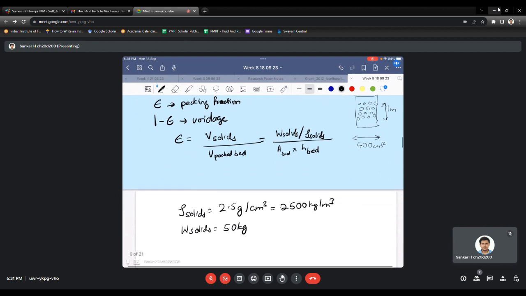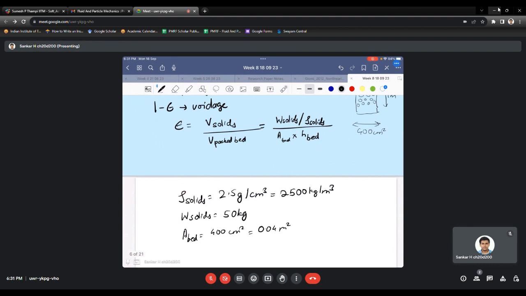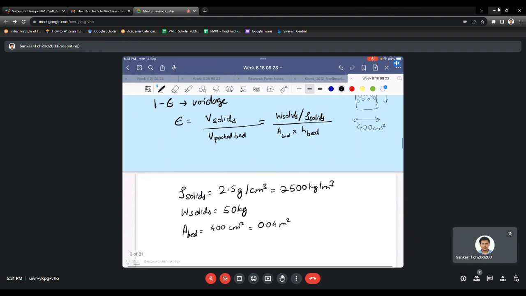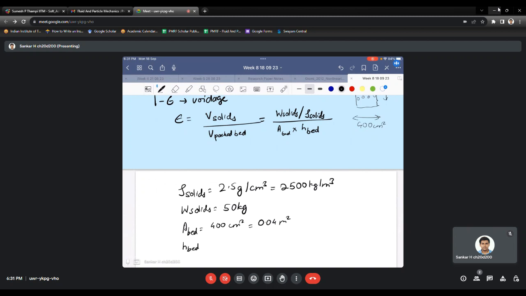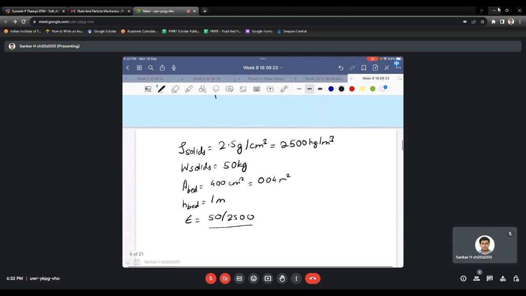And the area of the bed is 400 centimeter square, which is 0.04 meter squared. And the height of the bed is 1 meter. Therefore, we can substitute for epsilon, which is 50 by 2500 divided by 0.04 times 1.